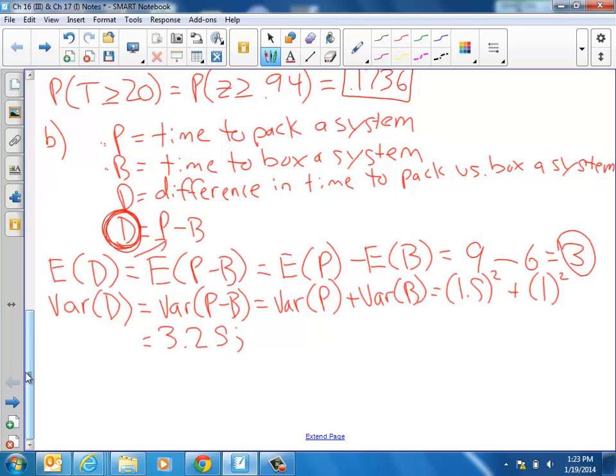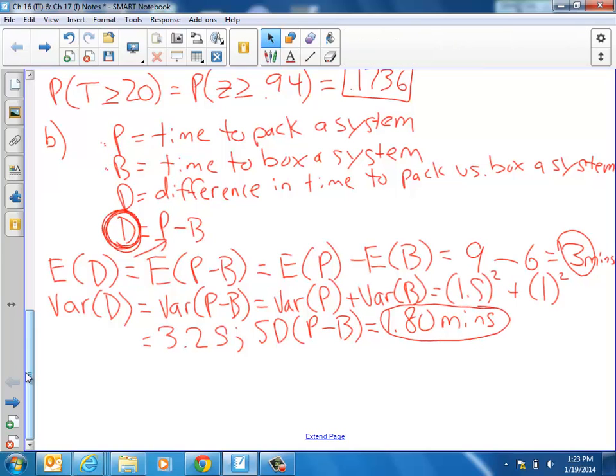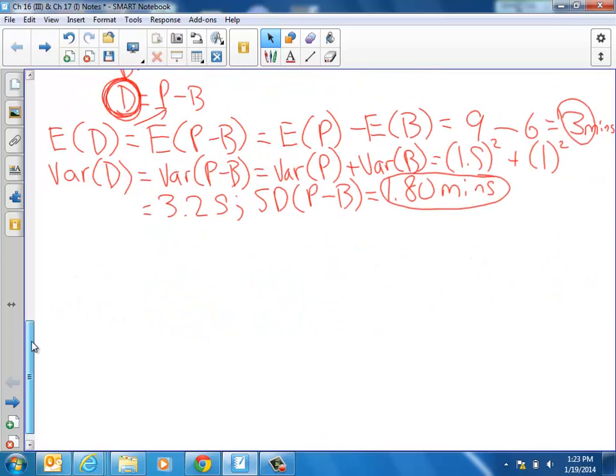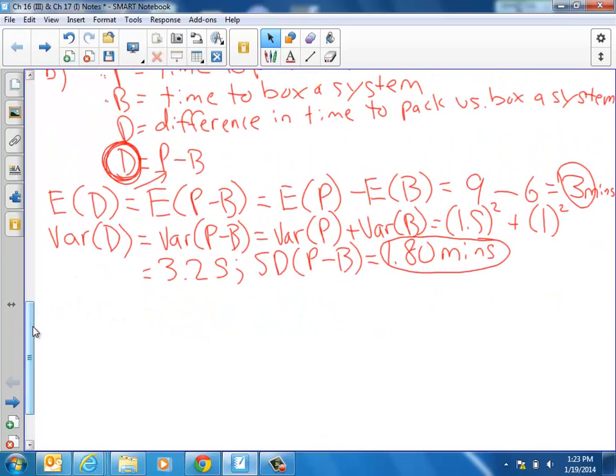So that must mean the standard deviation of this difference, or of P minus B, is equal to 1.80 minutes. Oh, and let's not forget the units here. 3 minutes is the mean time in this difference. Okay, so we've got the two parameters we need for our new normal bell curve.